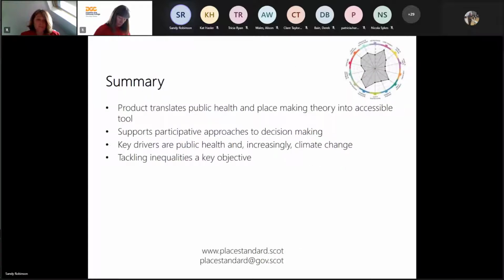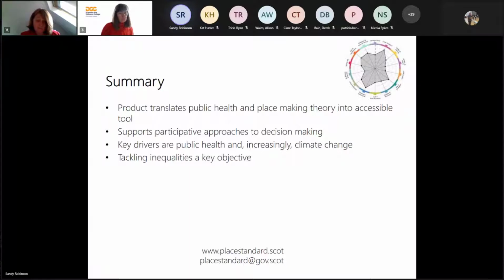So just to summarise, it is a tool which translates the public health and quality of life issues which are described in placemaking theory into an accessible tool. It's about participation. It's about getting people involved in a holistic appreciation of the environment around them rather than just on single issues.